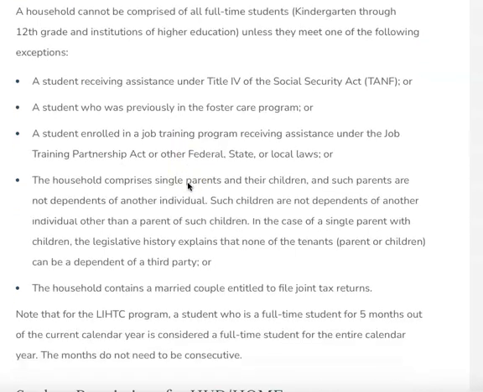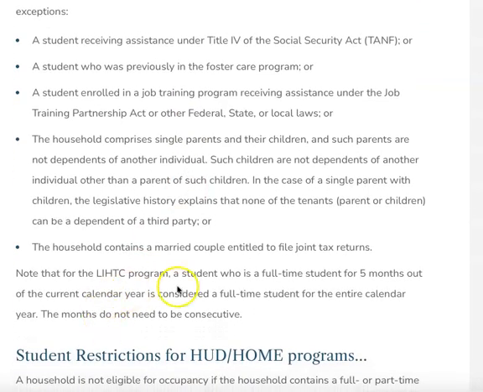This article, or this reference rather, also talks about what is a full-time student. The rule defines a full-time student as a person that's been enrolled for 5 months out of a calendar year. So that's what's defined as a full-time student. And these months do not need to be consecutive, right?